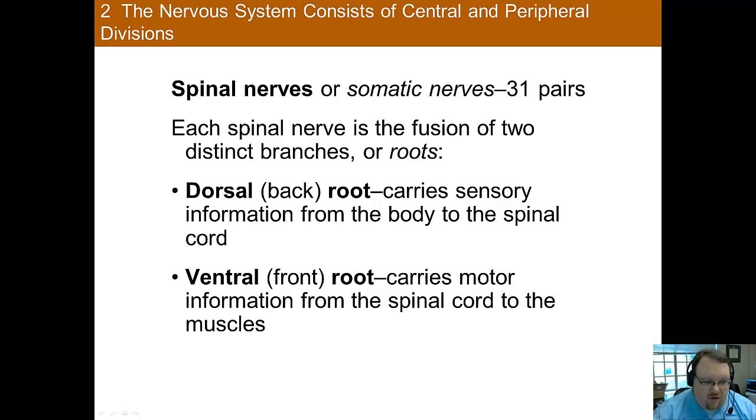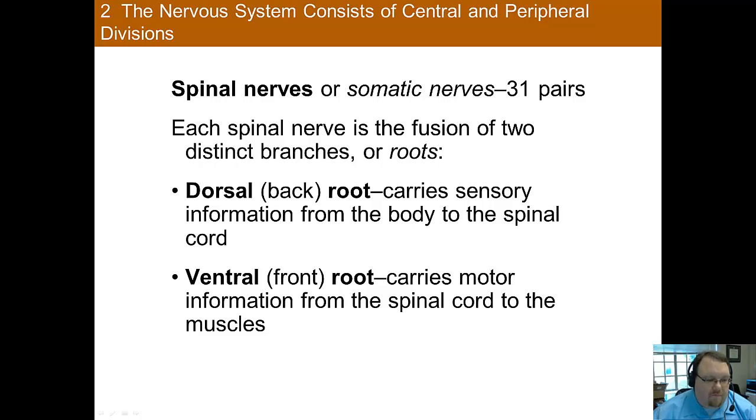The ventral root carries motor information from the spinal cord to the muscles. You notice dorsal, ventral, back, front. It's actually how they're placed in the spinal cord. So the ventral root is towards your stomach, dorsal root toward your back. So that's how these nerves go.